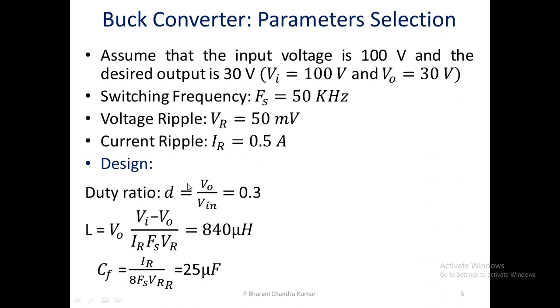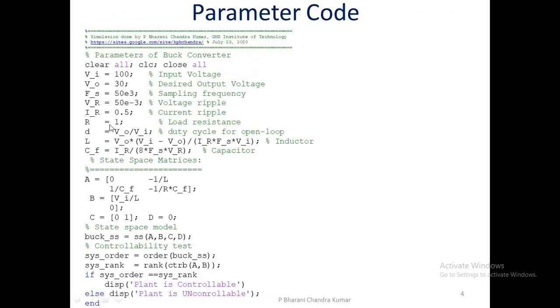From the standard formulas I can calculate the open loop desired duty ratio, which is 0.3, and substituting the values, the inductance is 840 microhenries and the capacitance is 25 microfarads. These are the parameters I will be using for this simulation.